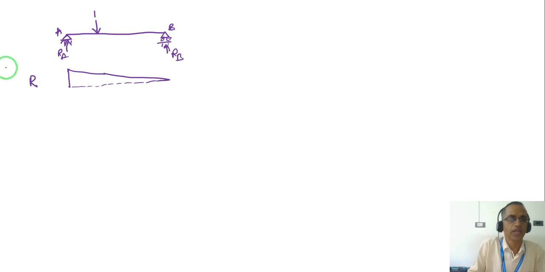So this is the ILD for RA. This quantity will be maximum 1.